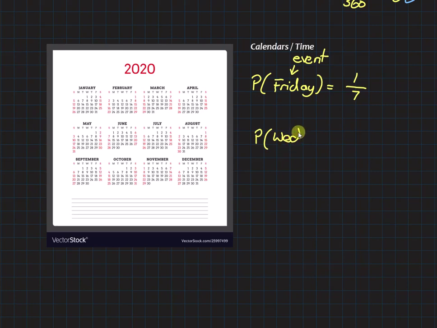Now, this is where there's a little bit of weirdness in the writing. This line says, given that the year is 2020. How many Wednesdays are there in 2020 and how many days? Well, 2020 is the leap year, so there's 366 days. How many Wednesdays are there? Well, we start on a Wednesday and we've got an extra Wednesday at the end.